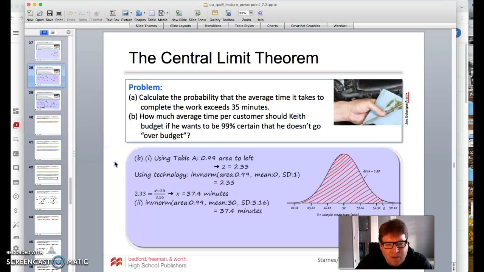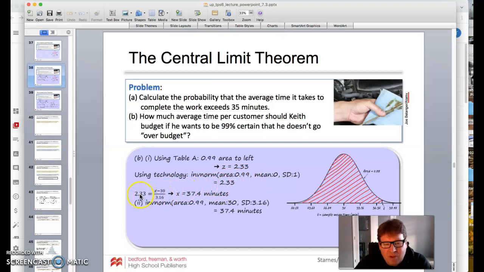All right, so looking at some z-scores, if we want to be 95% or 99% certain he doesn't go over budget, using 0.99, we find that on our z-table and find the proper z-score, which ends up being 2.33.